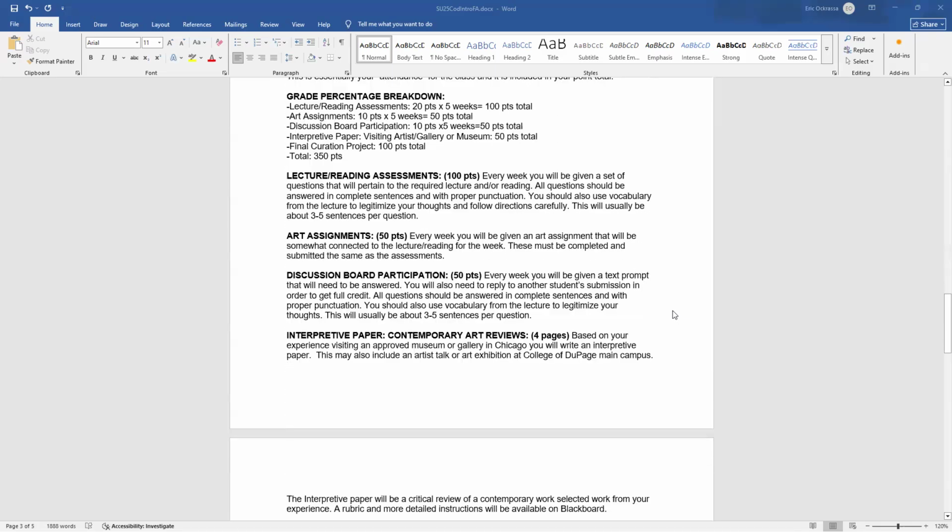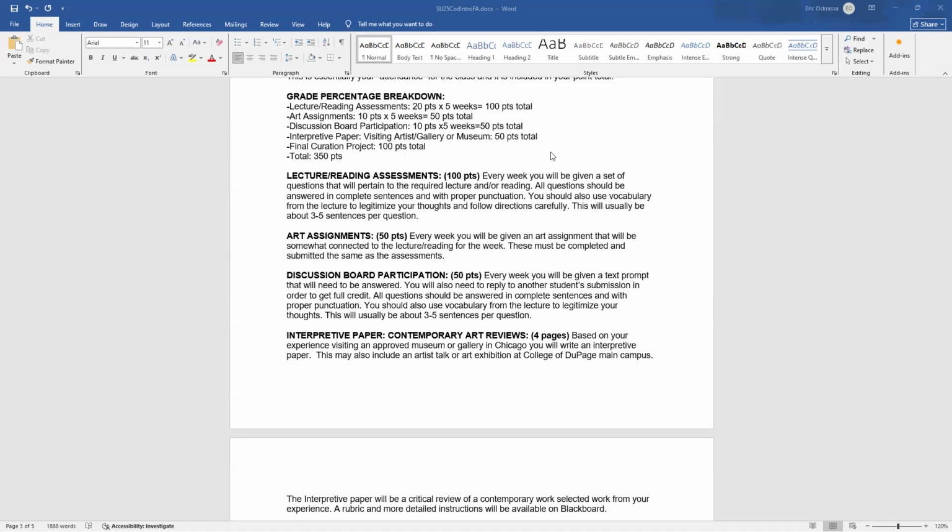This is a breakdown of all of the assignments for this semester. It's a total of 350 points, broken down here. You will have lecture and reading assignments, which will be worth 20 points, and you'll have 5 of those. You'll have art assignments, 5 of those. Discussion board participations, and an interpretive paper, which is a big paper at the end of the semester.